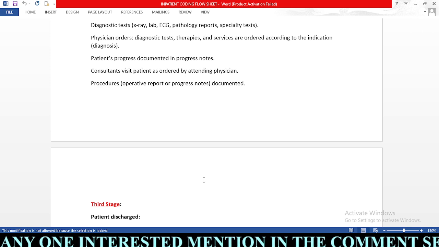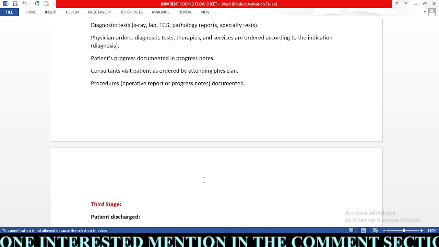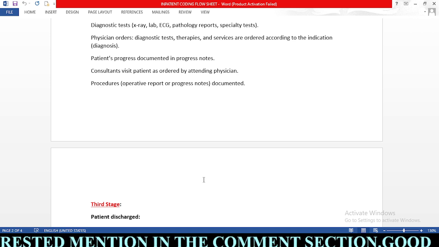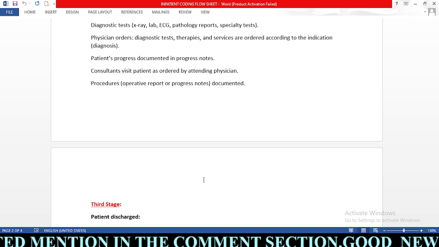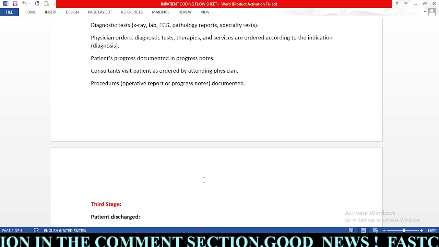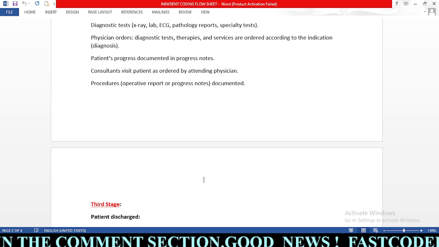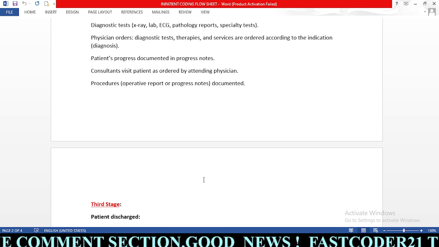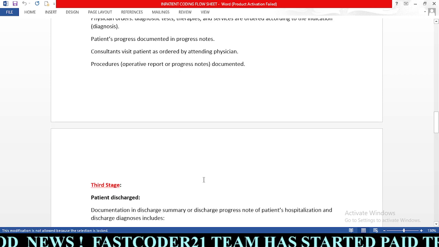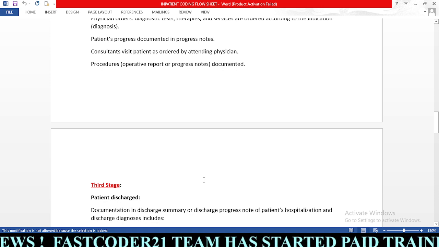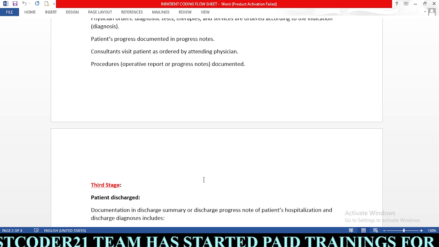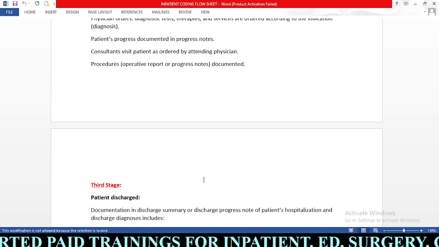After that, the patient's progress is documented in progress notes. In the inpatient setting, progress notes play a very important role. So in order to code properly, you need to have a look at progress notes along with the discharge summary, H&Ps and consultations. When there is a requirement, a consultant will visit the patient and order other tests.